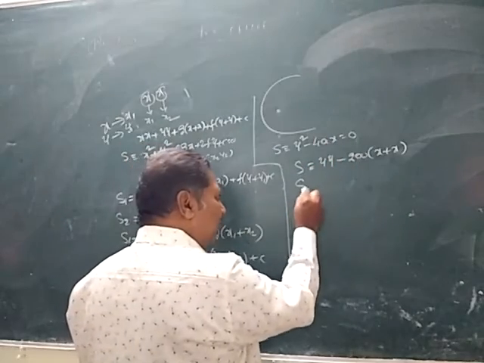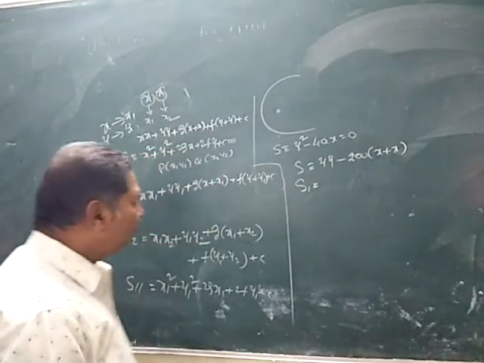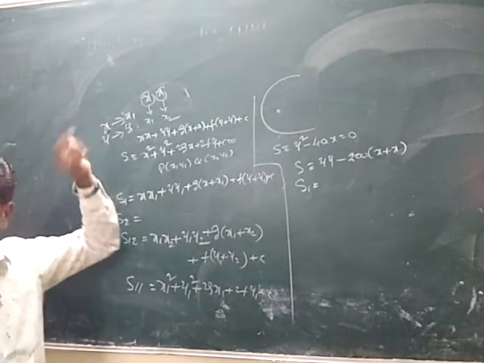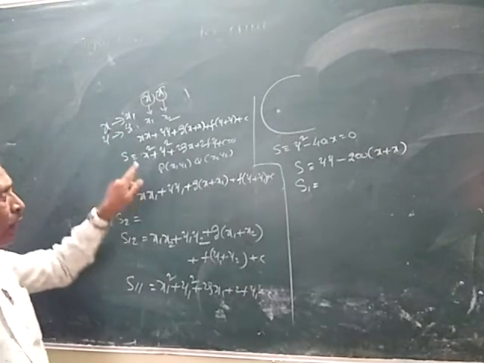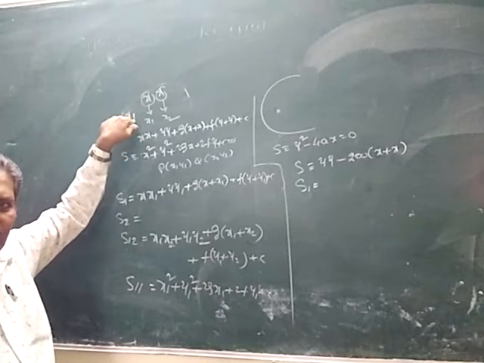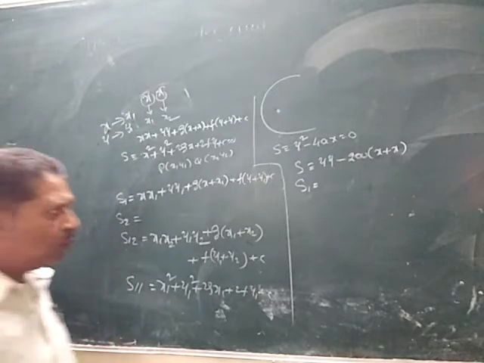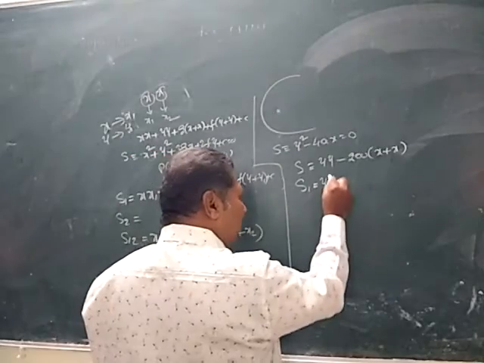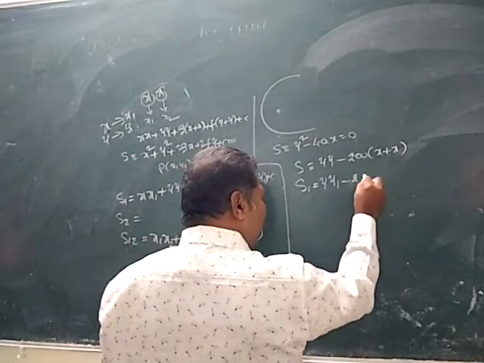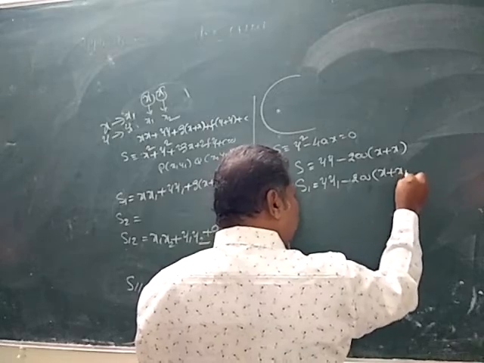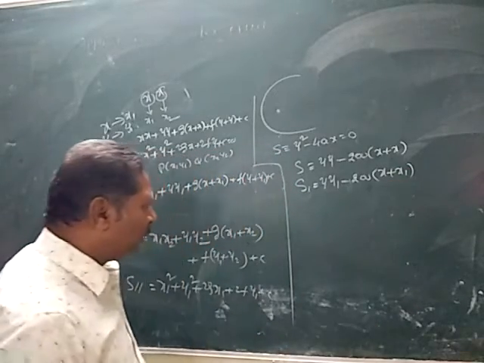Same concept for S1: one x replaced by x1, one y replaced by y1. So S1 is y y1 minus 2a into x plus x1.